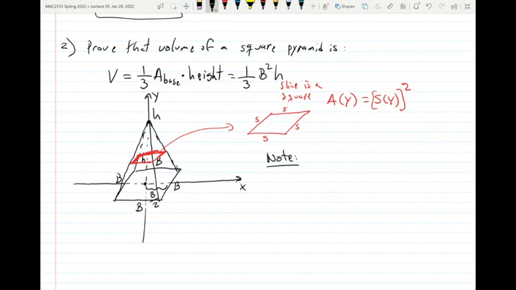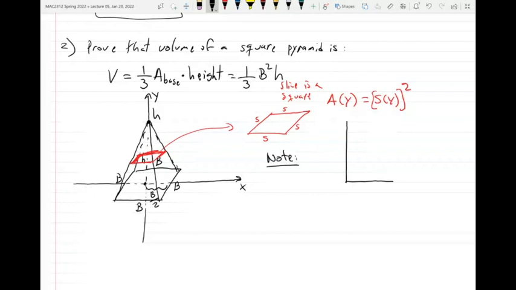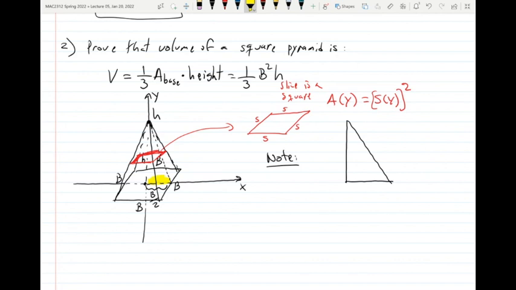So let me draw a picture here. I'm going to draw half of the pyramid, and I'm going to draw the two-dimensional version of it. So this is how the picture looks. This is what we have. So just think of, there is a side here. I'm basically taking this triangle in my picture.